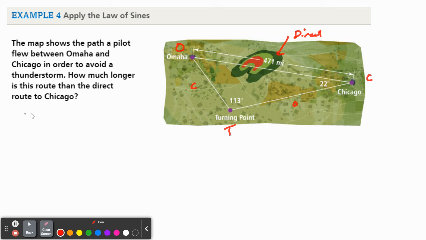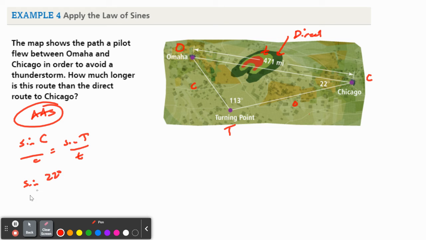This is angle side case, so we can get right to work finding a side length. I have to use my t's because I know both of them. So let's use angle c and find side c first. Sine of c over c equals sine of t over t.